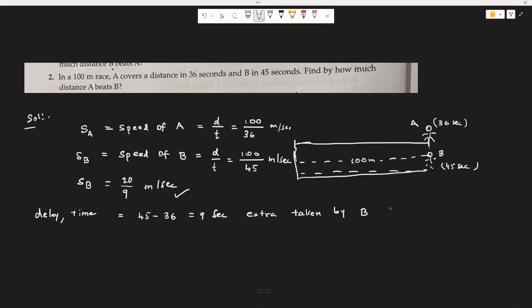That is actually the speed. The speed indicates in 1 second or in 1 hour how much distance he will cover. But the time delay was 9 seconds.